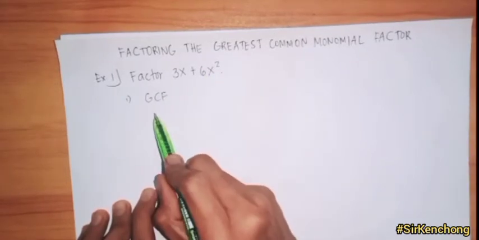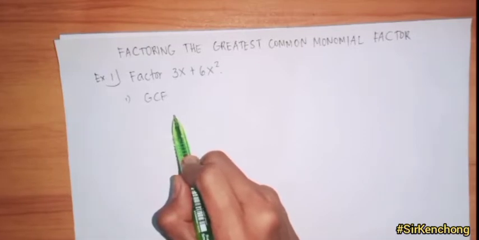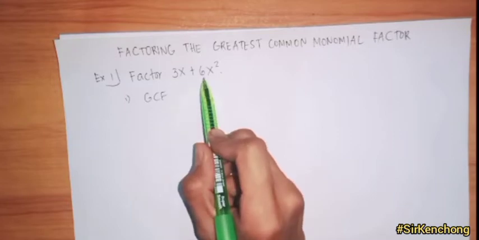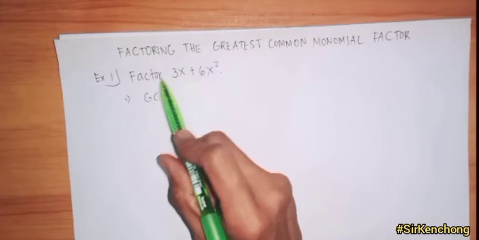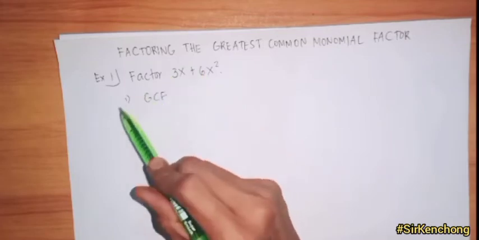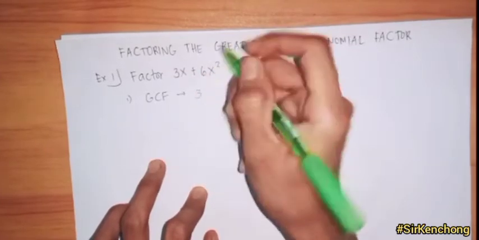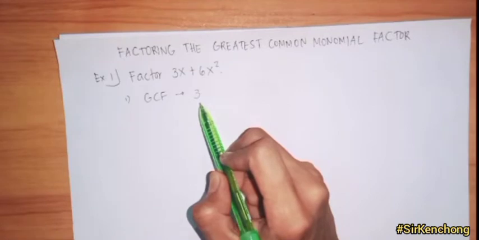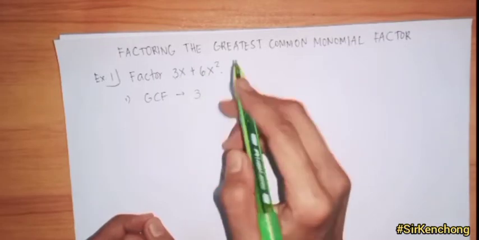So when we say GCF or the greatest common factor, let's find for a number that divides 3 and 6. Yung pinakamalaking number kung saan yung 3 pwedeng i-divide doon, yung 6 pwedeng i-divide din doon. And that is 3. Kasi 3 divided by 3 pwede, 6 divided by 3 pwede. At wala nang lalaki pa sa 3. So yan na yung greatest common factor ng ating numbers 3 and 6.